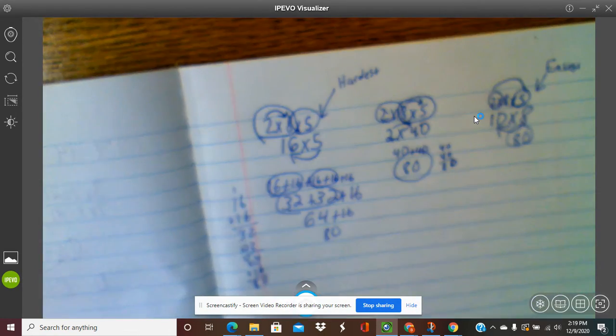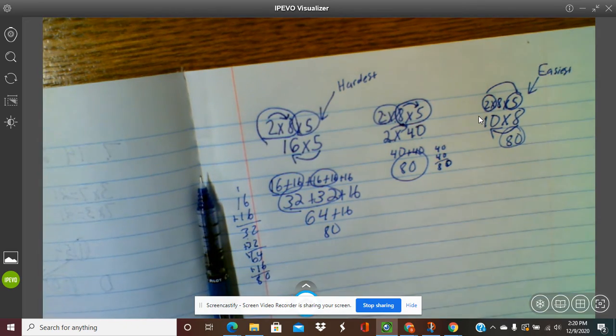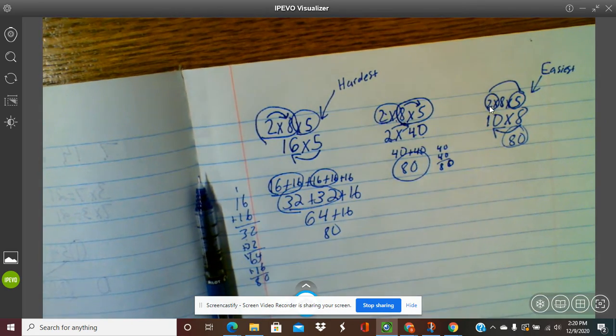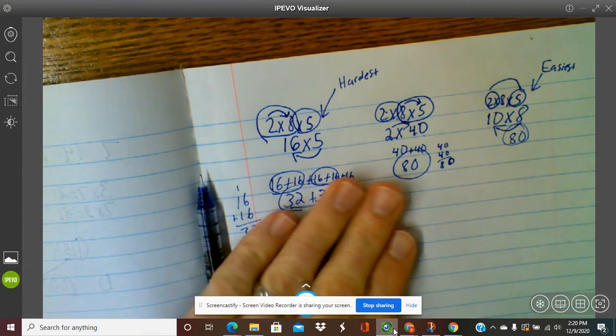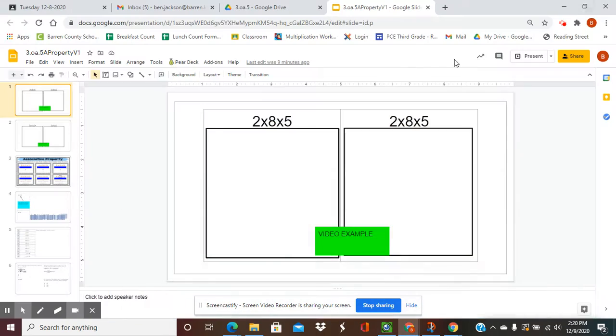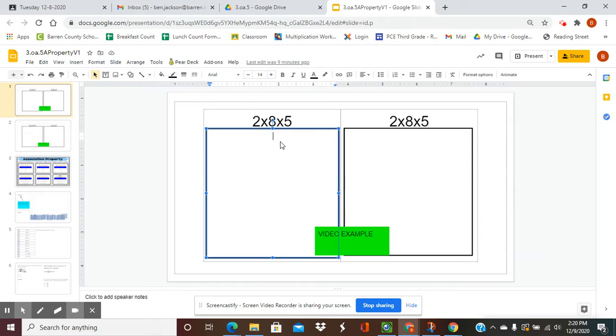So we've got to think ahead. Let's go back now and take a look at this. How do I want you to show this? Even though you're going to use your scrap paper, and I use my scrap paper, I need to see your way of thinking. So I'm going to show you how I want you to solve this. I'm not going to multiply 2 times 8 first. I'm going to multiply 8 times 5. 8 times 5 is 40, so I'm going to put a 40 in here.